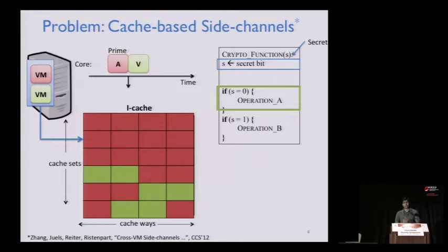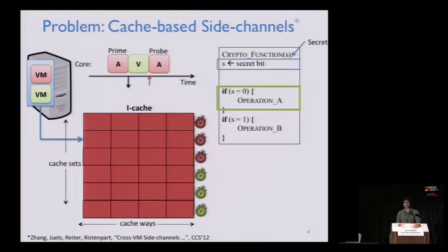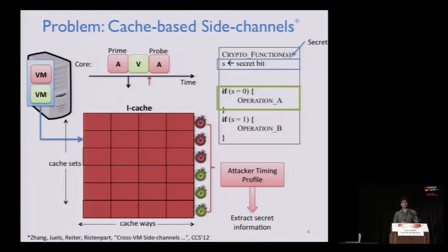When the attacker preempts again and probes the cache, this time running the same instructions and accessing the same memory locations, but measuring the time taken to access each cache set, this timing information could indirectly leak the bit in the secret, and eventually leak the whole secret via the side channel.